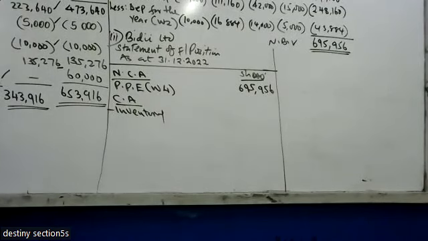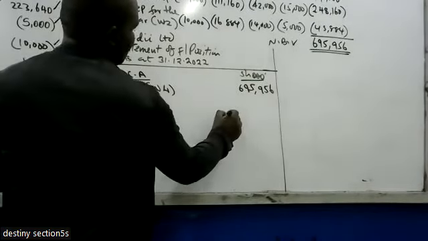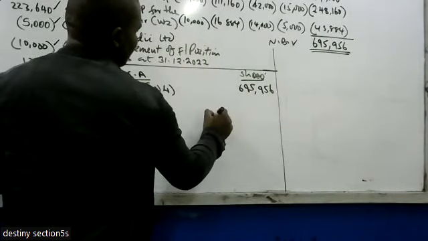Inventory, we check the closing. Closing inventory was captured in note number 5, 85,000. Check note 5, 85,000.